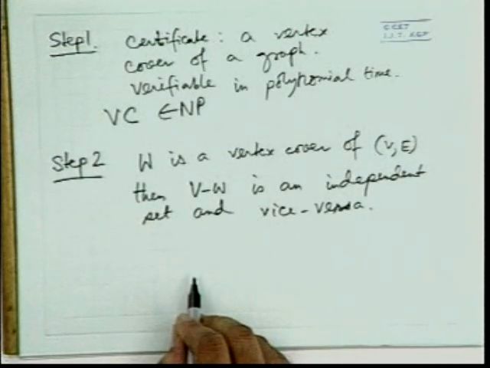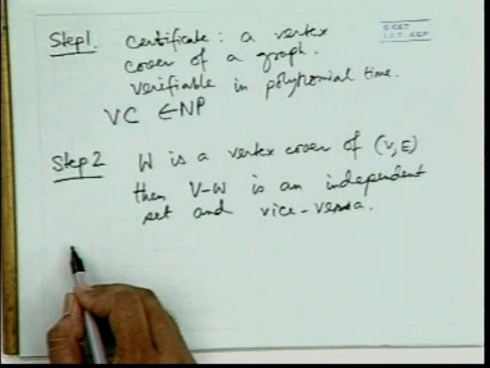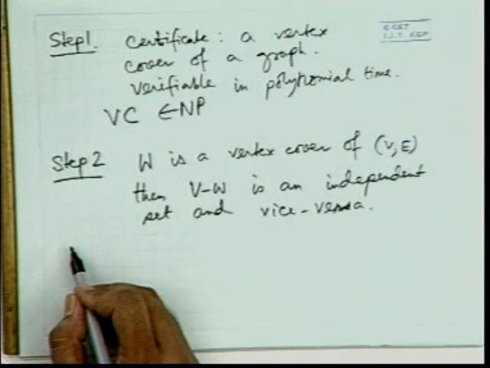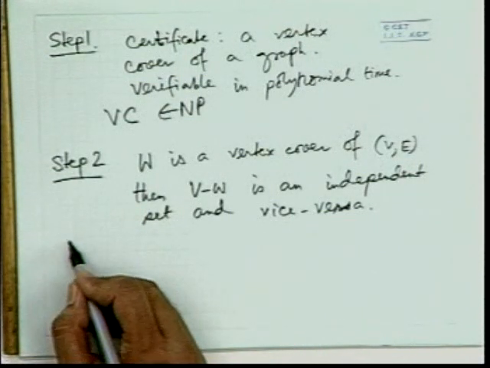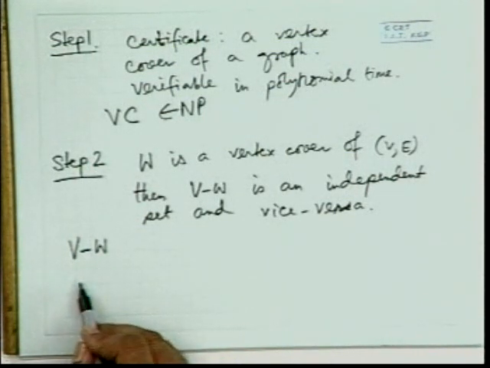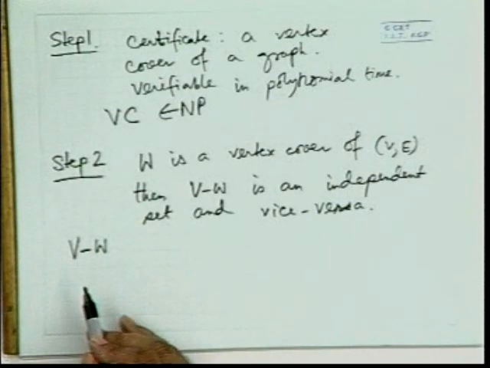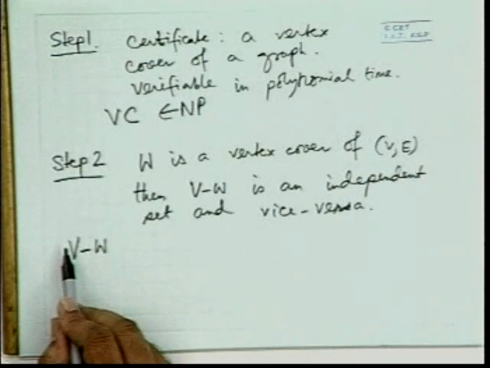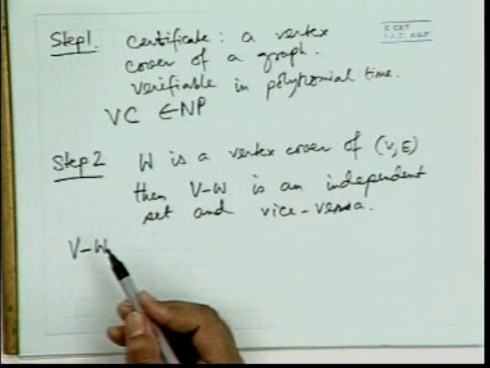Why is that so? If W is a vertex cover of the given graph, take the rest of the vertices which are not in W. So take vertices from V minus W. I am claiming any two of these vertices cannot have an edge between them, because if there is an edge between them, then that edge is not covered by the vertices in W. But you said W is a vertex cover.